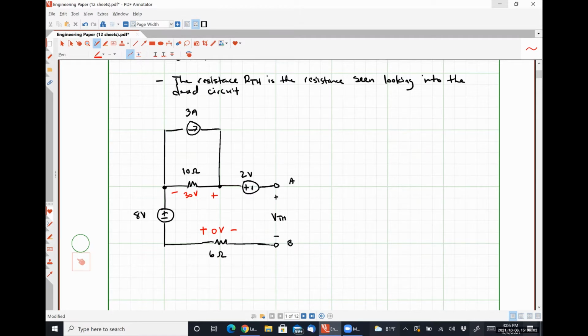The 3 amps of current as it comes down here cannot branch off to the right because no current can flow through that open circuit, so all of it must flow through the left through the 10 ohm resistor. Does that seem like a reasonable assessment?